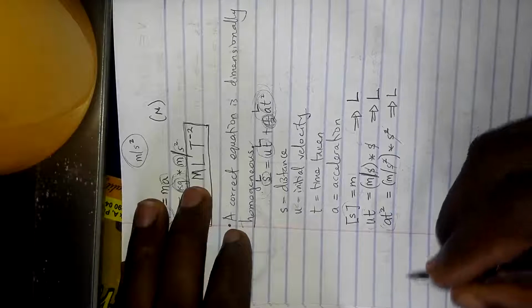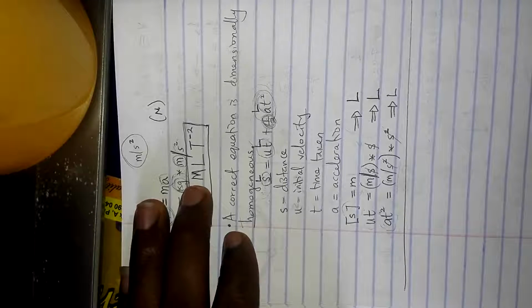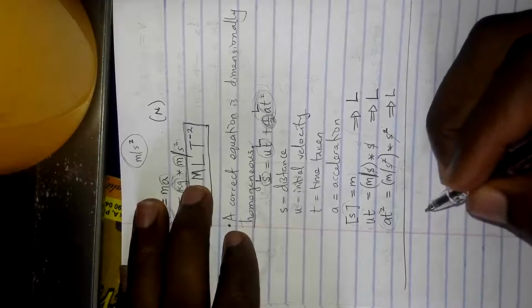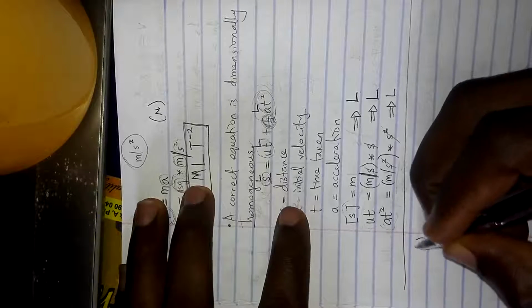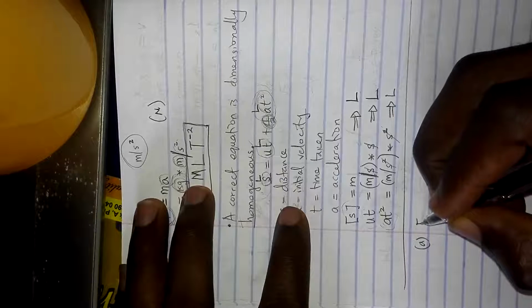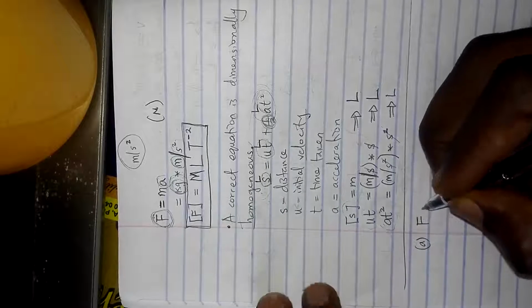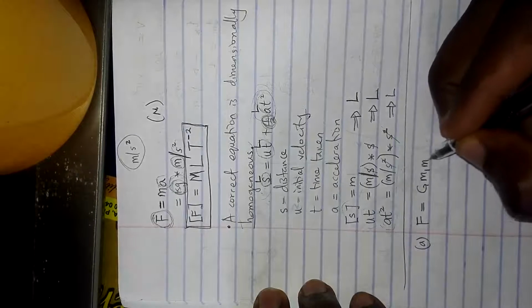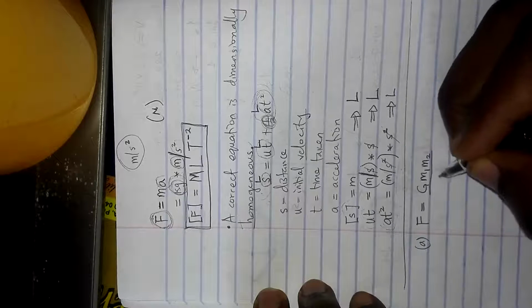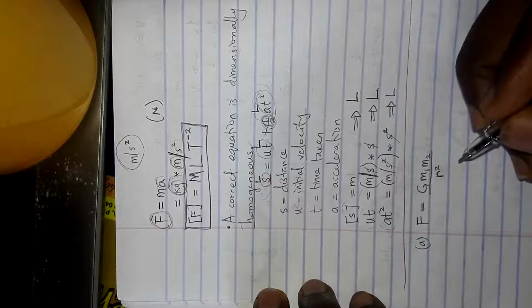Alright, so you can do the same thing for other equations that you know and try to verify if they are correct. For instance, we have Newton's law of universal gravitation. So you can take it as an exercise. Newton's law of universal gravitation says that the force of attraction between any two objects in the universe is directly proportional to the product of their masses, m1, m2, and inversely proportional to the square of their distance apart, r square.